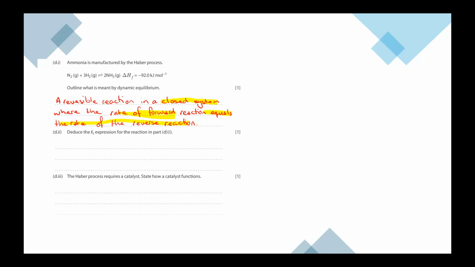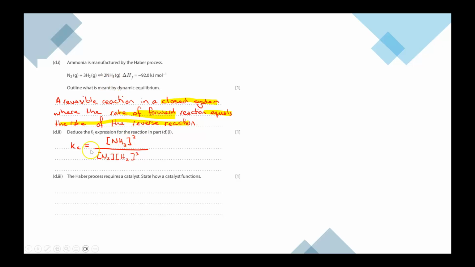So deduce the Kc expression. Nice and straightforward. You need the whole thing here. So we've got Kc equals square brackets, meaning the concentration, of ammonia squared, because it's got this 2 here, right? So it's the concentration of the products over reactants.